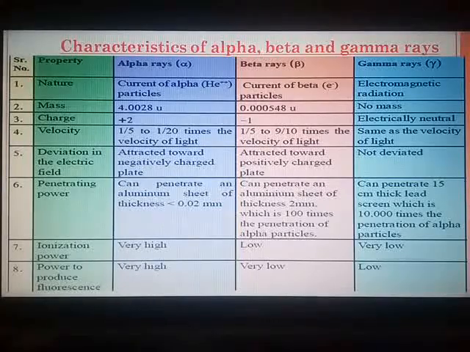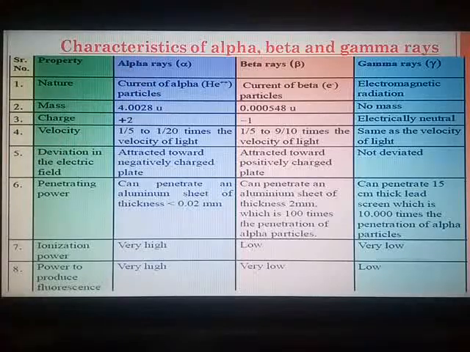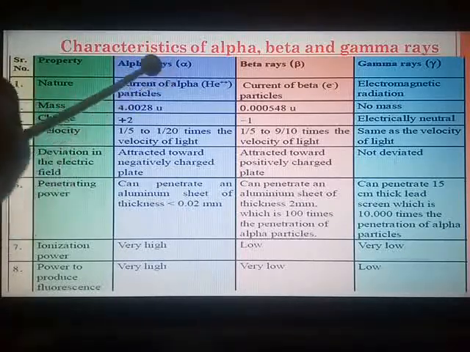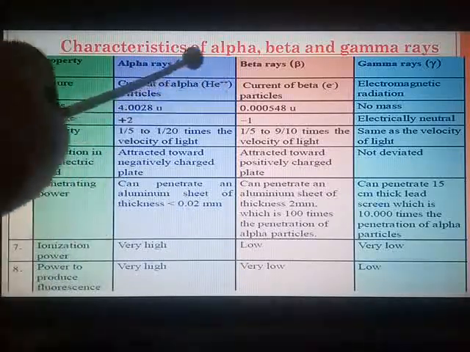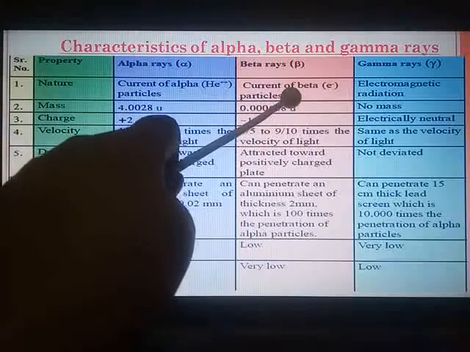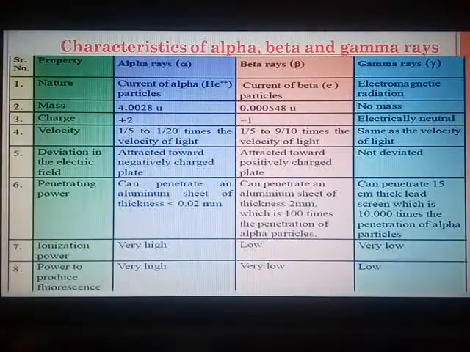First we will see the nature for all the three, then the mass. So we will study in comparison with each other. The nature of alpha rays is a stream of alpha, helium particles, beta is a stream of electron particles, and gamma rays are electromagnetic radiation.